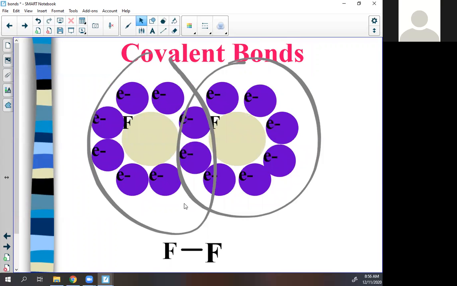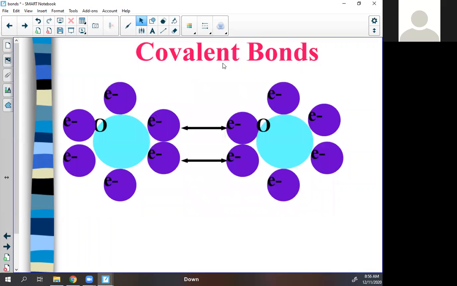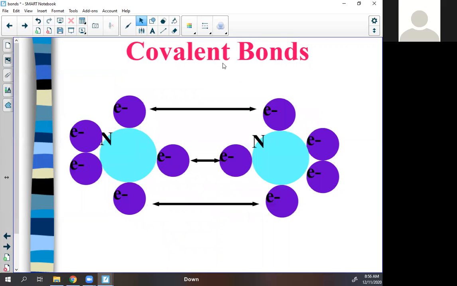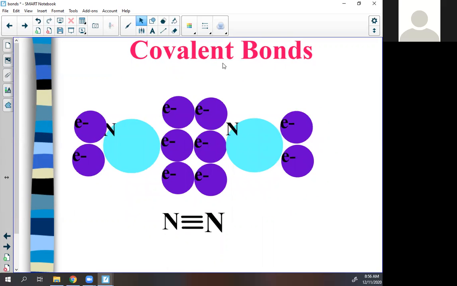They just overlap this valence shell and form a covalent bond. Covalent means valence together. Same thing happens with oxygen, but it needs more, so it shares 2 pair. And we have nitrogen, and it needs even more, so it shares 3 pair.